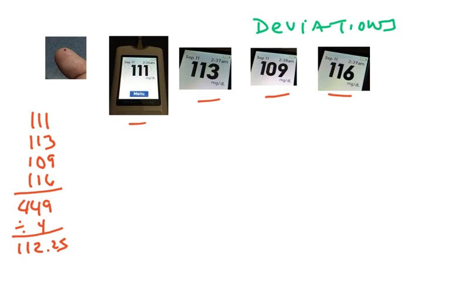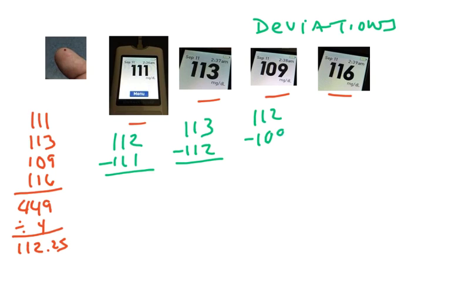What that means is how far is each number away from the average. So I'll say 112 minus 111. And this one, 113 minus 112. And here 112 minus 109. And then 116 minus 112.